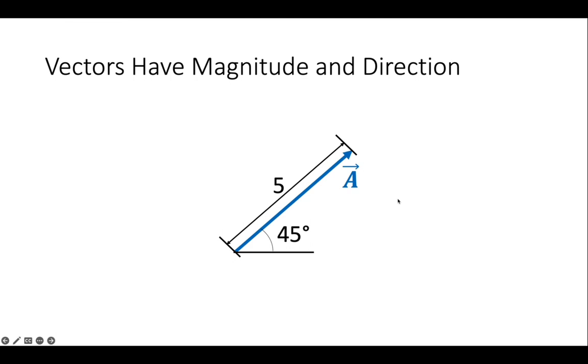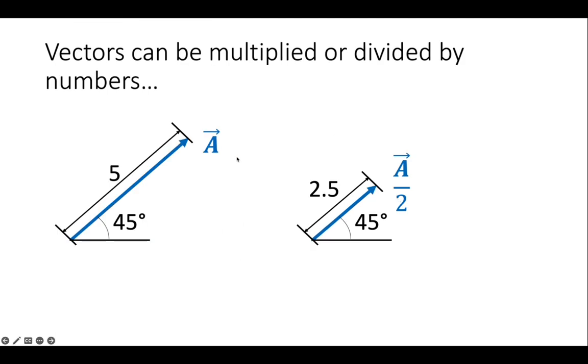Or, equivalently, I could think of that as dividing vector A by 2. And so A divided by 2 would give a vector that's half the length of the existing vector. So if A has a length of 5, if I take the vector A divided by 2, then A just becomes 2.5, 5 divided by 2. Notice the direction of the vector doesn't change, just the length changes when I divide A by a number.